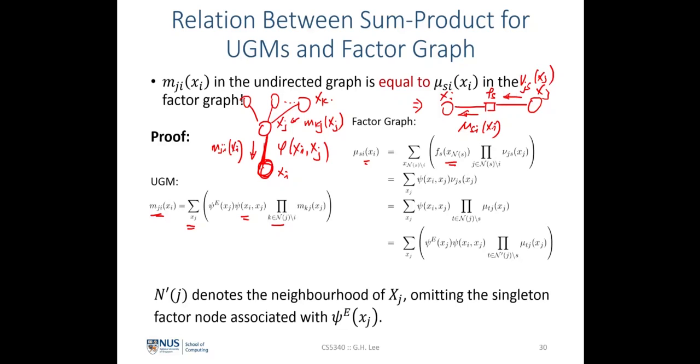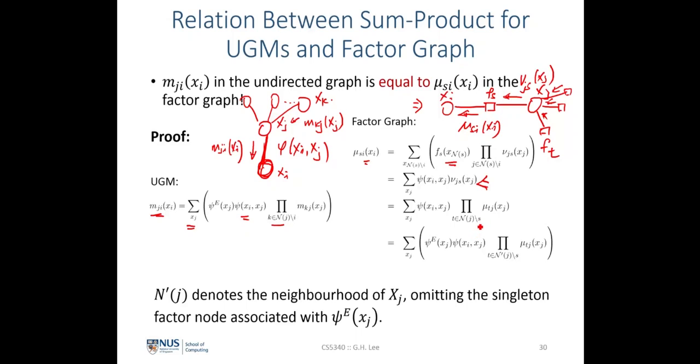In this particular equation, we can further evaluate it into the message collected from xj by propagating all the messages into xj from all the other factors that are linked to xj except for fs itself, which we generally call ft here, where t is in the neighborhood of xj except for fs itself.